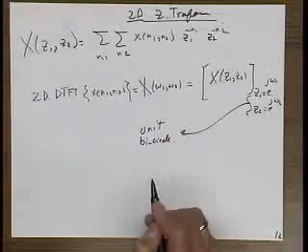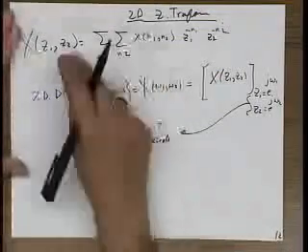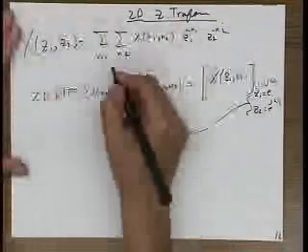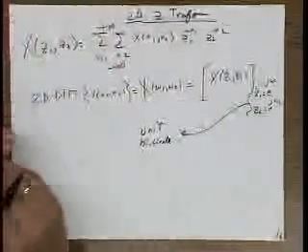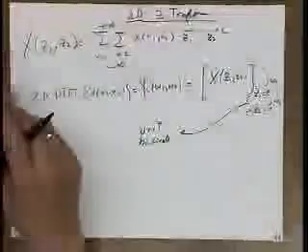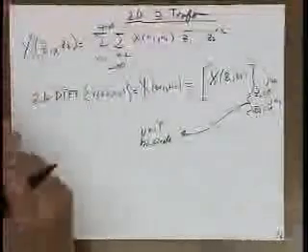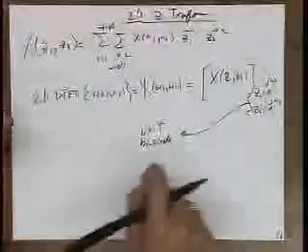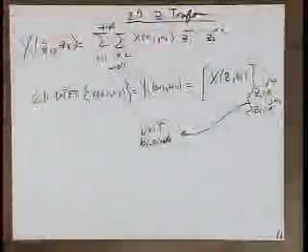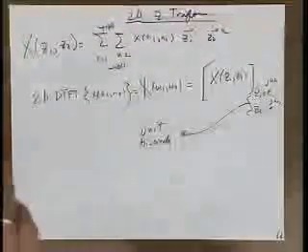And similar to the one-dimensional case, every time you have a summation going from minus infinity to plus infinity, you have to worry about convergence issues. So the question is, for what values of z1 and z2 does this function converge? In 1D, the region of convergence of X of z depends on r.